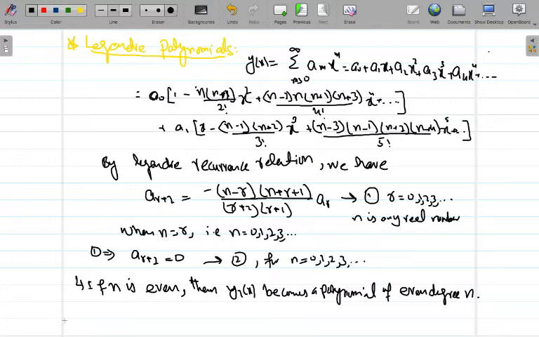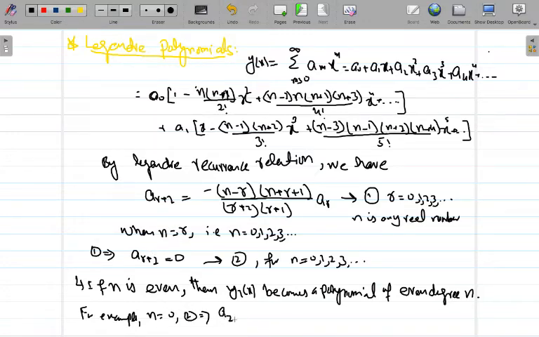For example, for the case when n is equal to 0, equation 2 applies with r equal to 0, because n and r are the same.